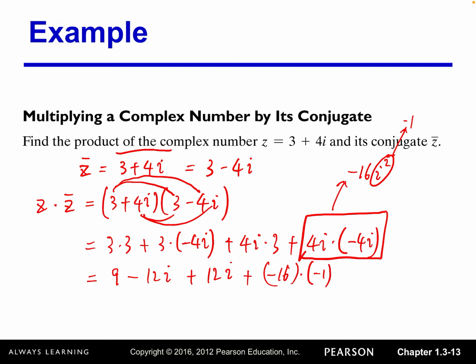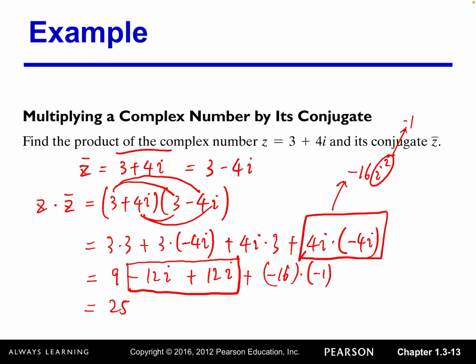So negative times negative gives us positive. This term is actually positive 16. So 9 plus 16 is 25. And you can see right here, the outer term and inner term actually cancel out, right?